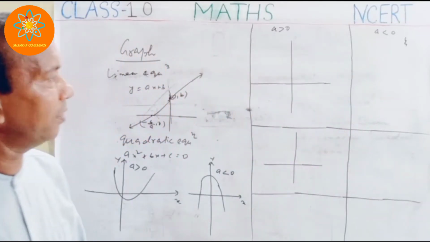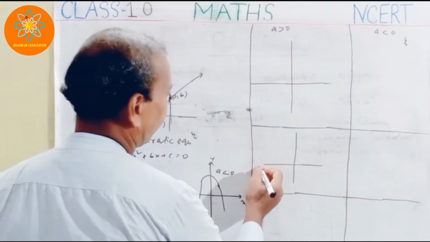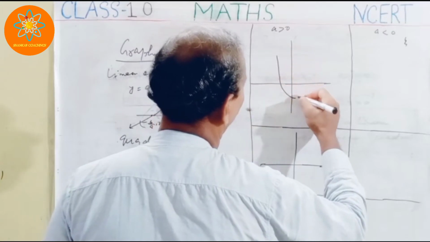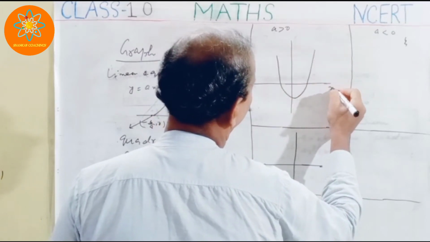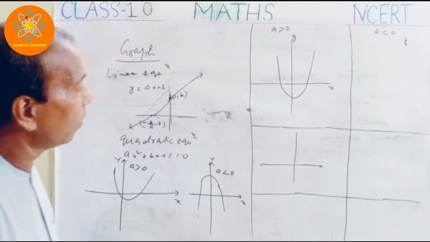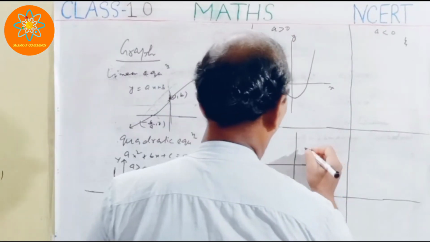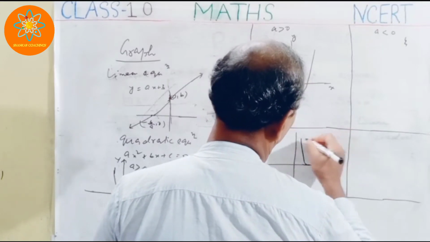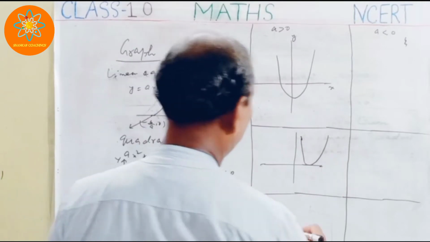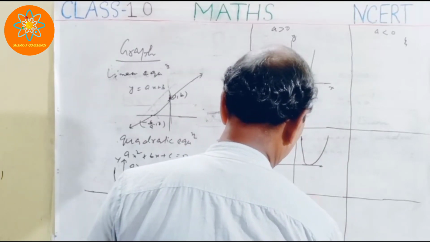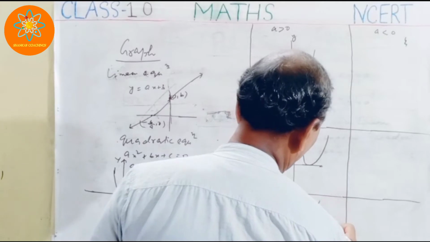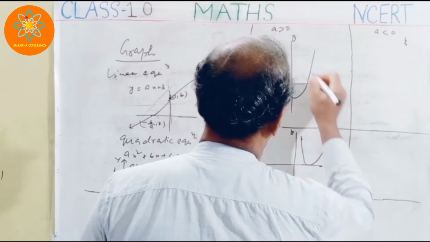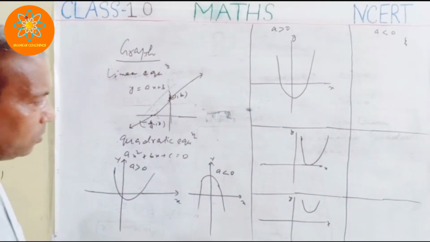So if A is greater than 0, the graph will be something like this. This is obviously x-axis and this is y-axis. Or the graph will be something like this, this is the second. Or the graph will be like this. So this is your x-axis, this is y-axis. So you are seeing 3 cases.